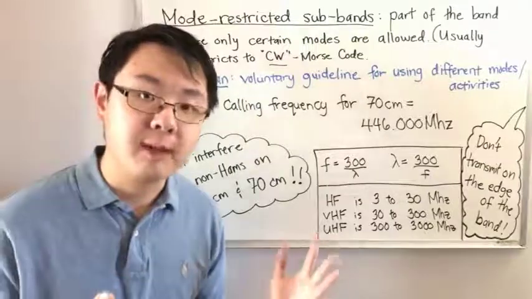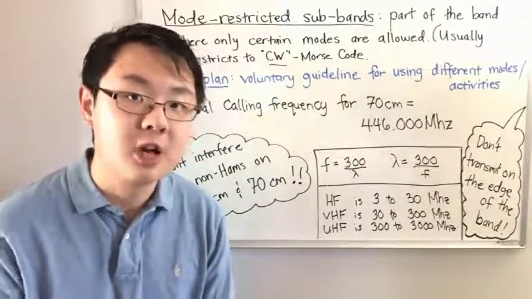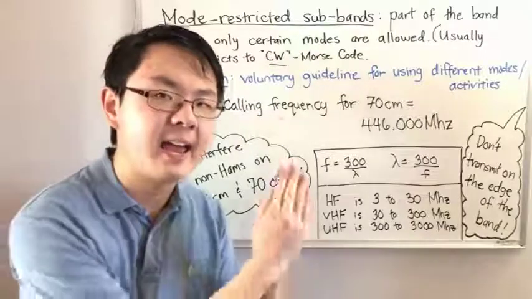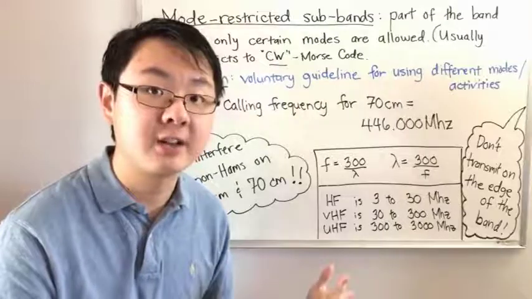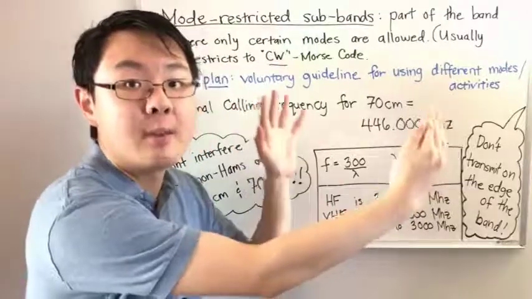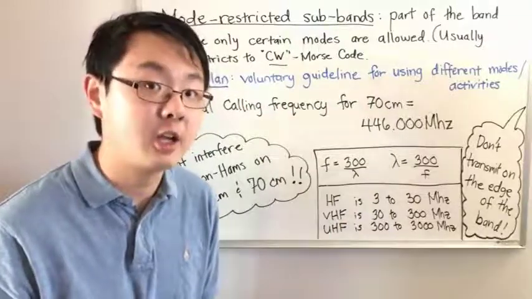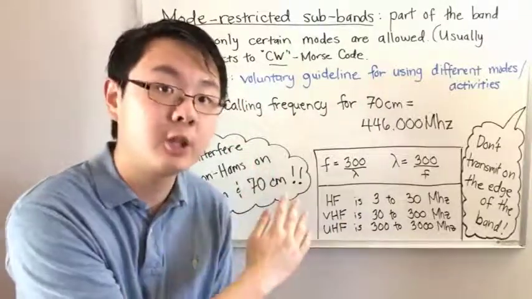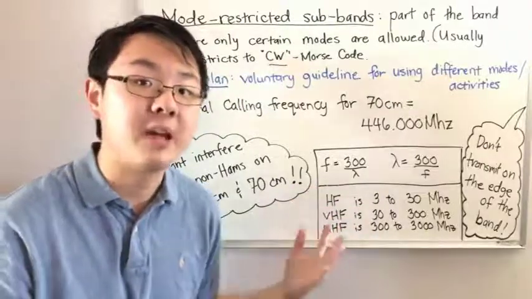So, in fact, if you transmit a voice signal on, say, 14.225 megahertz, your signal actually isn't going to just stay and only be on 14.225 megahertz. Because there's so much information to convey, it's going to take up more space because it needs that extra space to convey more information. So your voice signal might actually occupy all the frequencies from 14.225 to 14.228 megahertz because it needs all that space to get the information through.